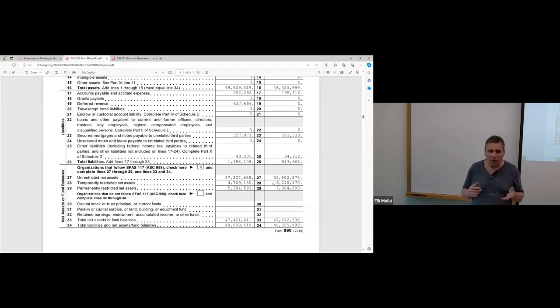So let's say you have a grant of $1 million for a specific project. If you spend all of it, great. But if you spend only half of it, let's say $500,000, then you have a kind of surplus of $500,000 that goes to next year. But this is not a free surplus.